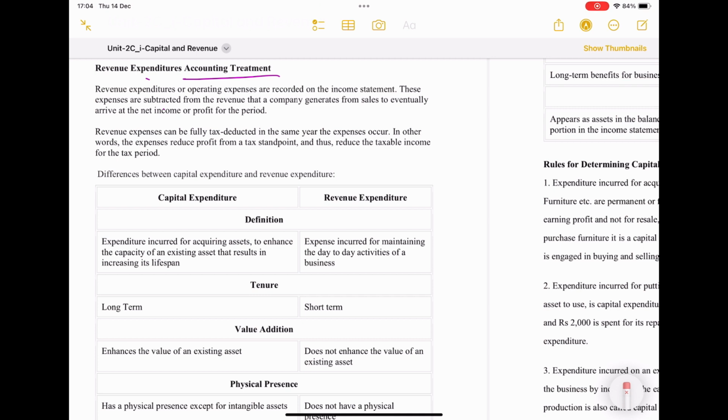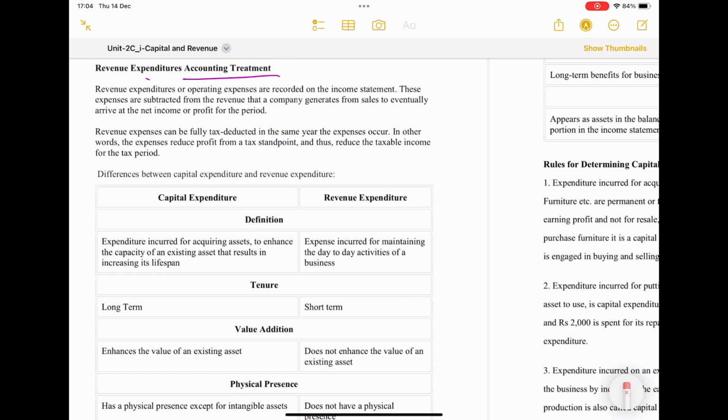If it is a direct expense, we show it in the trading account. If it is an indirect expense, we show it in the P&L account. In the income statement, under expenses we show all the revenue expenditures and deduct them from gross profit. After deducting these expenses we identify the net profit of the company.